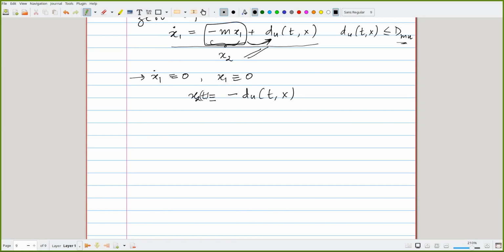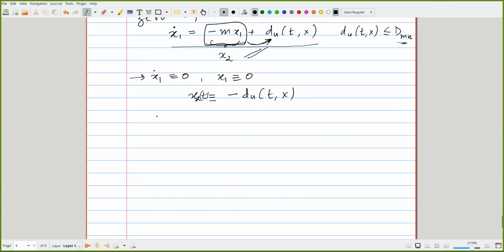So x2 will oscillate, or do whatever this disturbance is doing, that will be the job of x2, and x1 becomes zero. So you get stability on x1 but not x2.